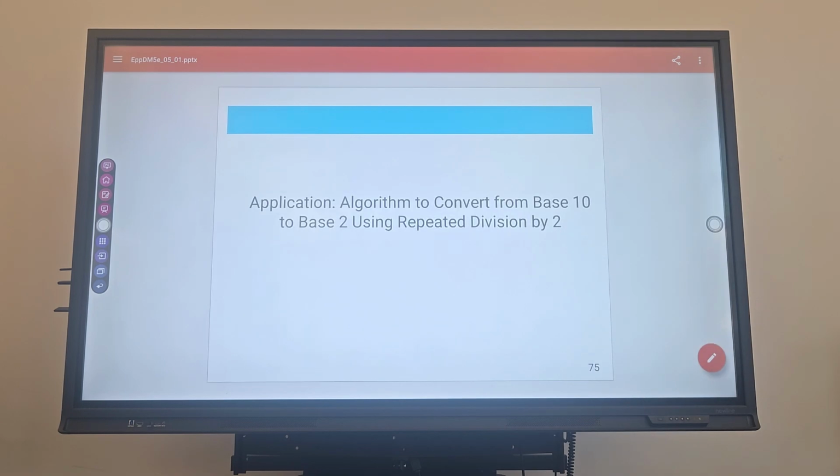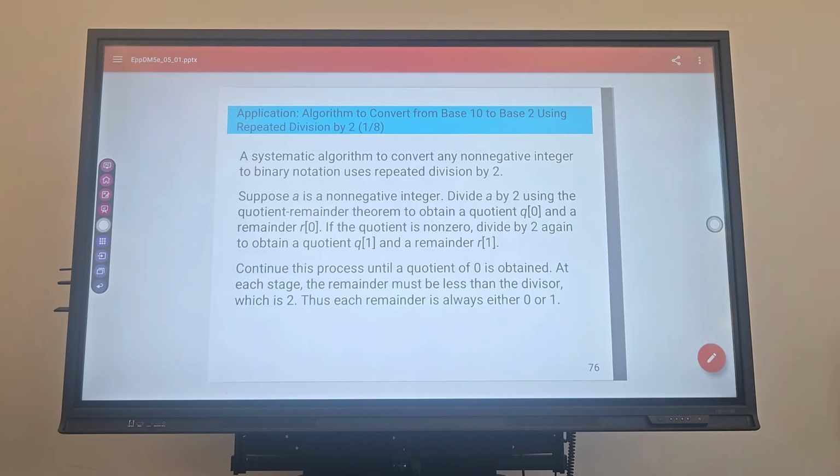Application: algorithm to convert from base 10 to base 2 using repeated division by 2. A systematic algorithm to convert any non-negative integer to binary notation uses repeated division by 2. Suppose a is a non-negative integer. Divide a by 2 using the quotient remainder theorem to obtain a quotient q0 and remainder r0.